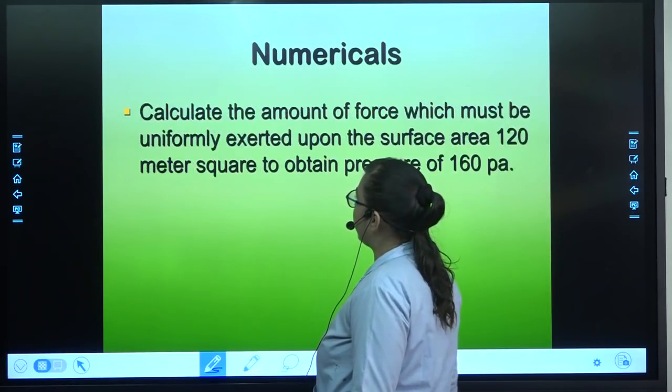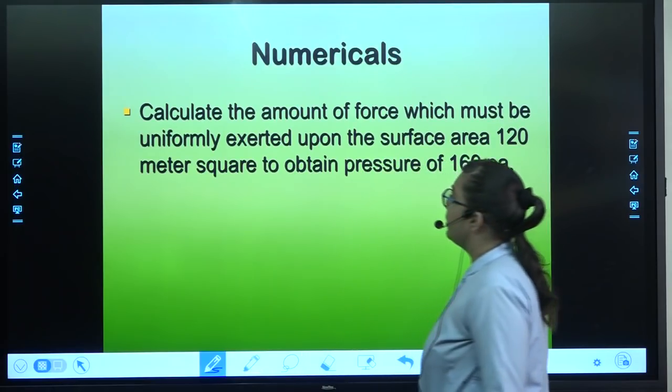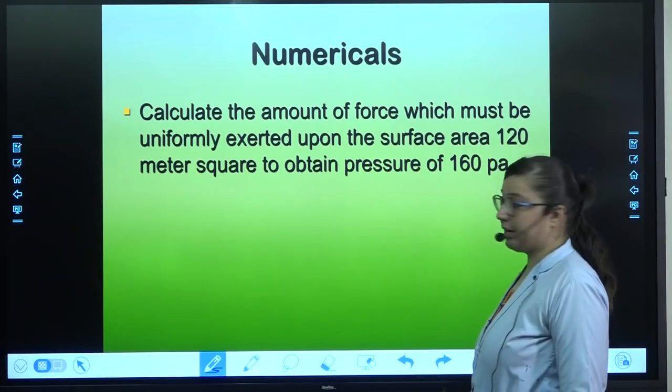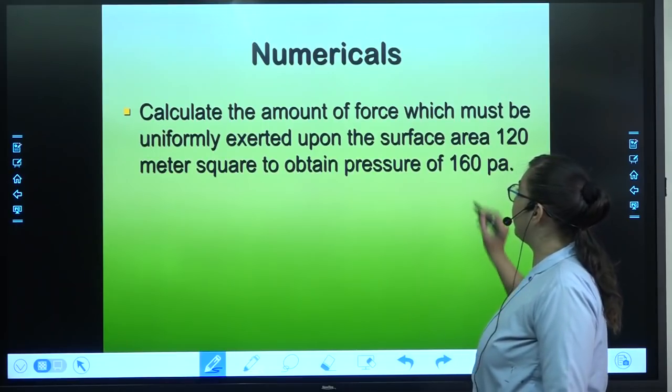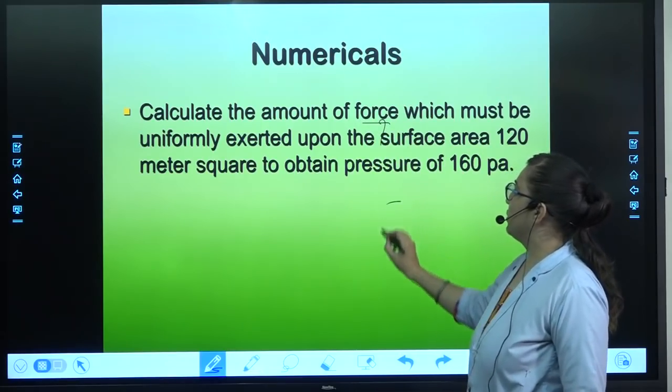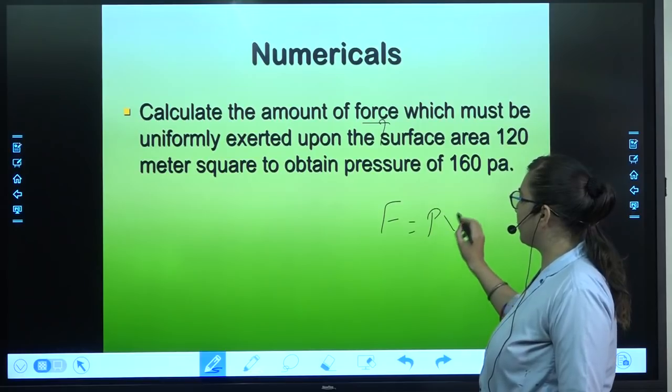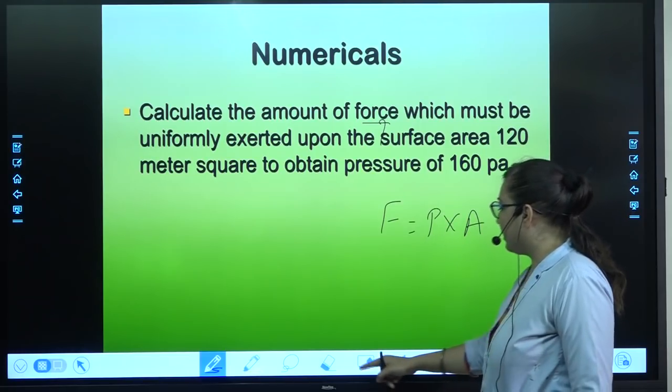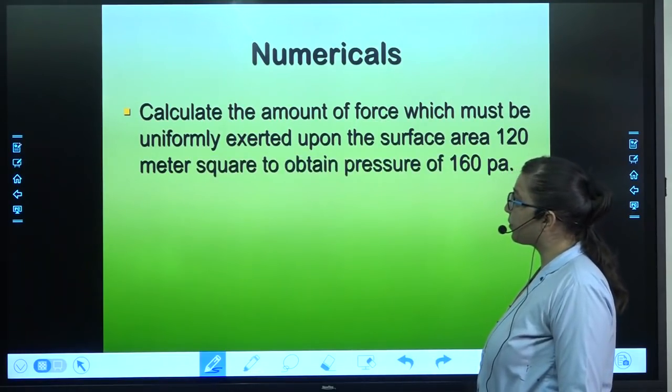Then in the next numerical, pressure is force upon area. Pressure and area were given, and we were asked to find the force. So simply you apply force as pressure multiplied by area. This was a simple concept.